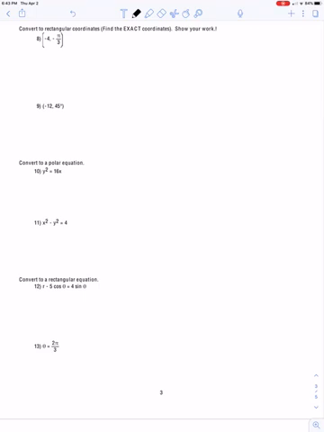3). First thing I want to do, let's get a quick picture of this point. Let's plot the point. Where is it located? Remember, as we're doing polar coordinates, we have our pole here at the origin. Now our polar axis, the positive side of the x-axis.